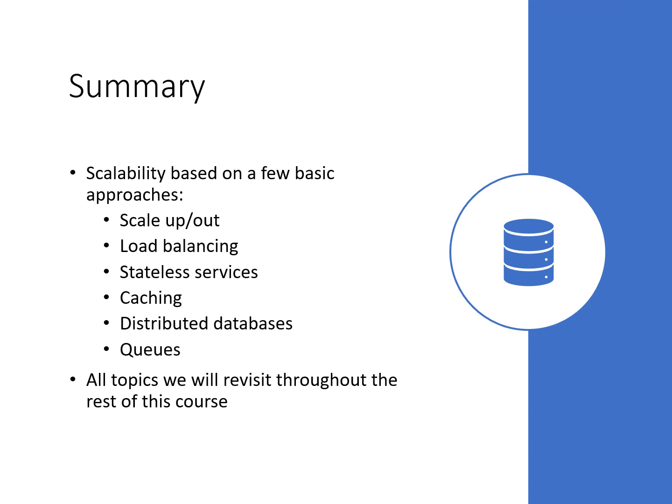So, in summary, this section has provided a whirlwind tour of the major approaches we can utilize to scale out a system as a collection of communicating services and distributed databases. Much detail has been brushed over, and as you almost certainly know, in software systems the devil is in the detail.